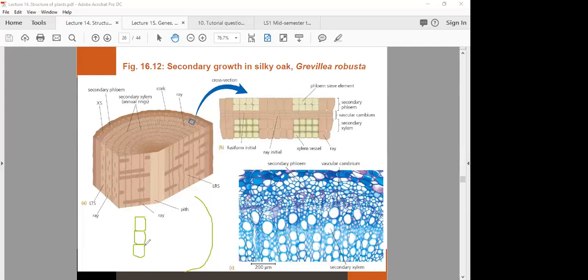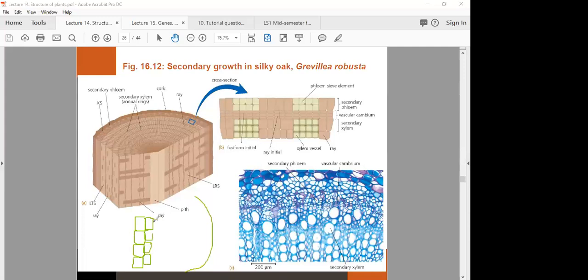And because there's rapid growth at the beginning of the growing season, the cells that are produced are quite large and they have thin cell walls. Okay, rapid growth, large cells. I better start drawing them as circles because I can do that faster.